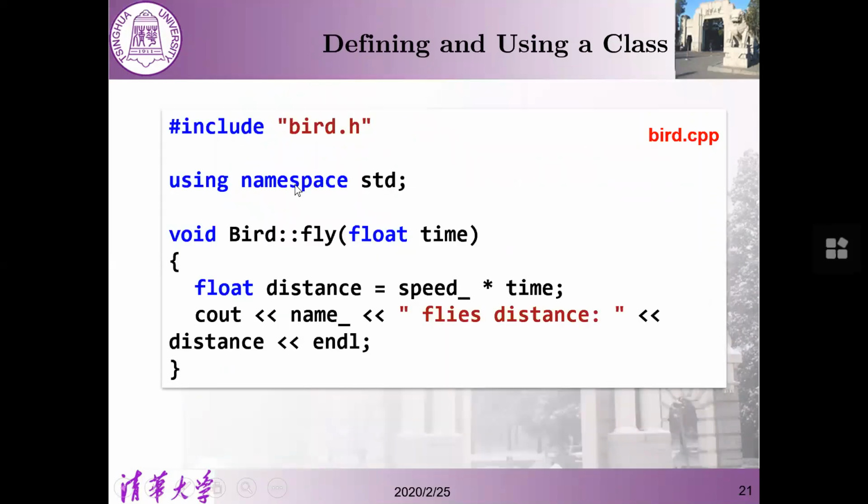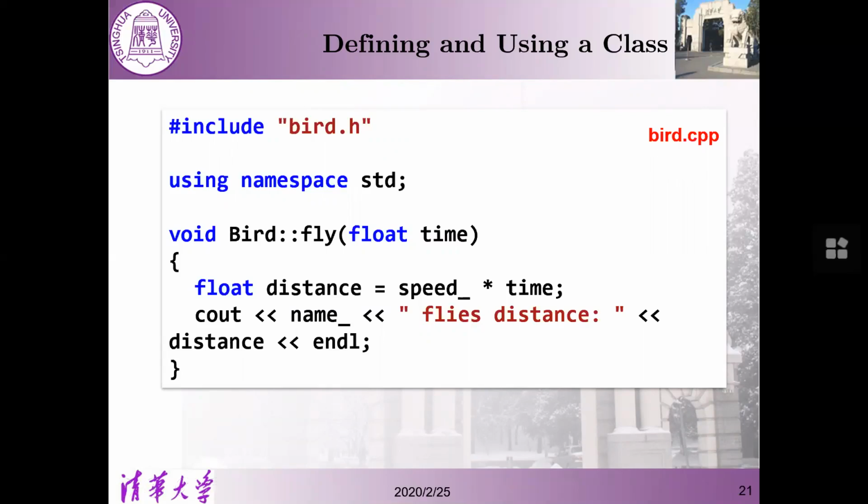And this is the source file corresponding to the class definition. Member functions can be defined either in the header file or in the source file, like this, with the scope resolution operator.